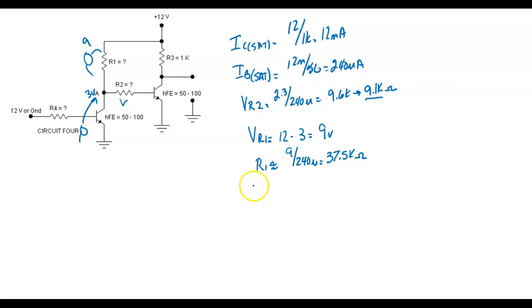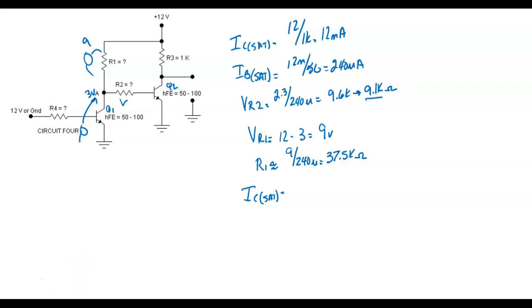Now I got to calculate IC sat for Q. Oh, I didn't put Q numbers on here. Is it on y'all's? Didn't I call this Q1, Q2? I need to put that on. Okay.